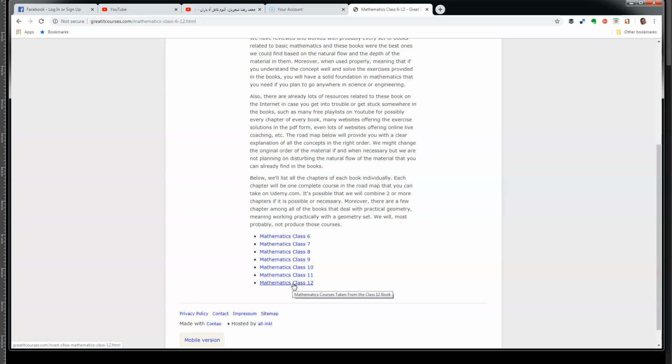I don't know why they have made it part 1 and part 2, but it seems logical to me that you can put them together unless there is some problem that they have had, and because of that they have created two parts out of class 12. But for the purposes of what we are doing here, it's just not necessary to make two parts out of that.